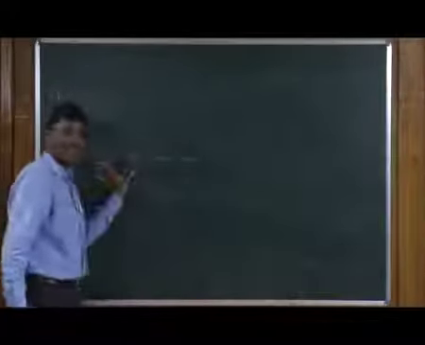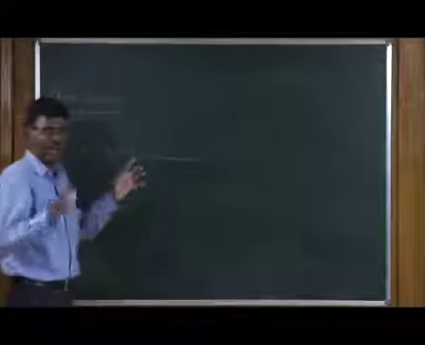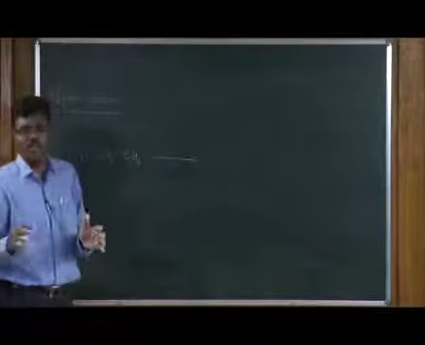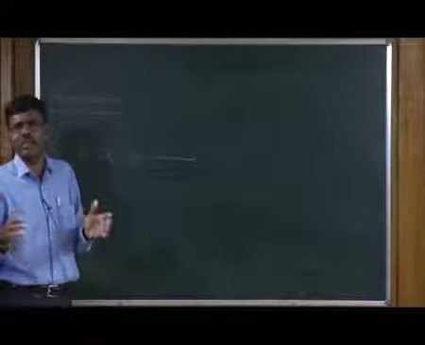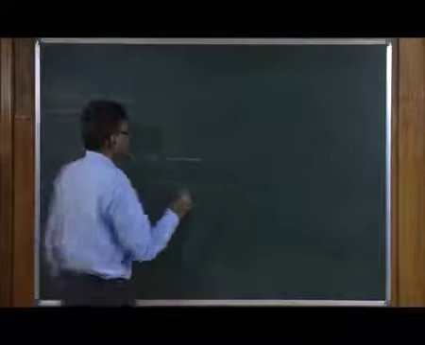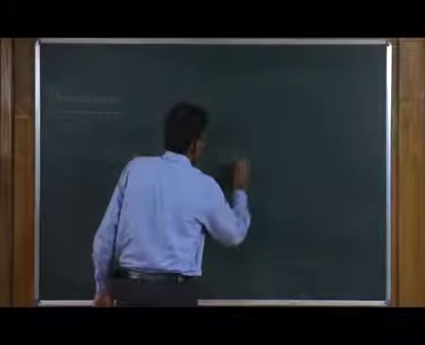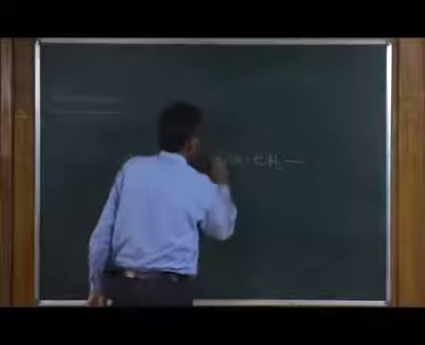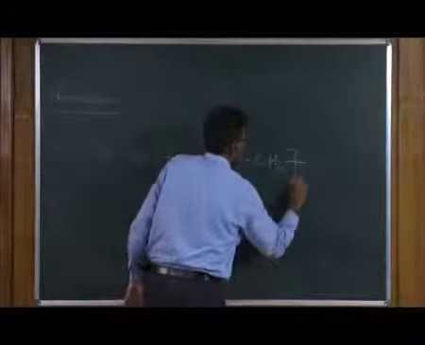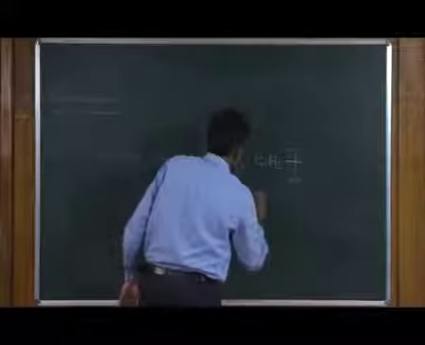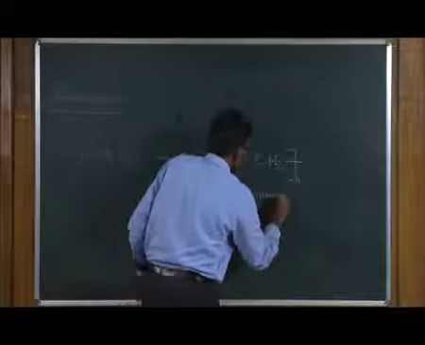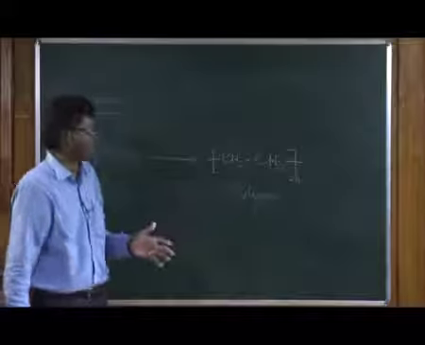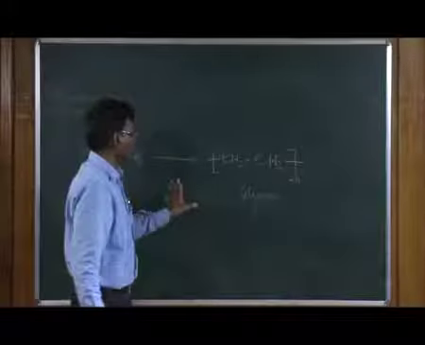This one molecule is called monomer, and they can react together under particular conditions, high temperature, pressure and catalyst, and give a bigger polymer. So, we write like this. This is called polymer. This is the material to make polythene bags and quiz bottles, and so on.